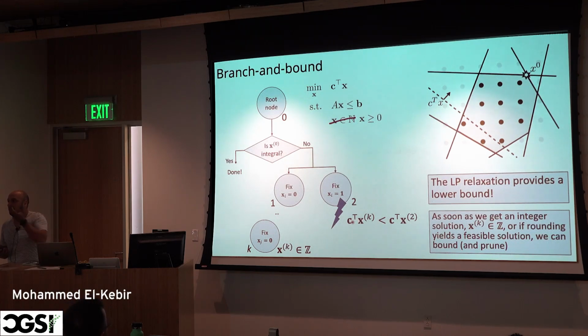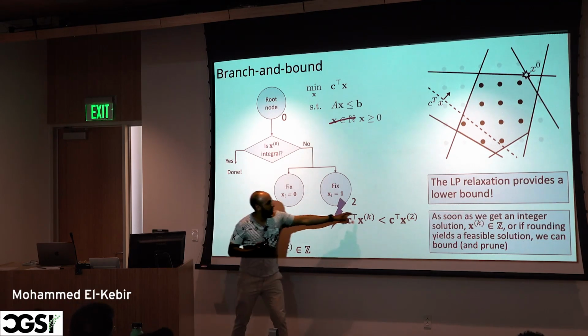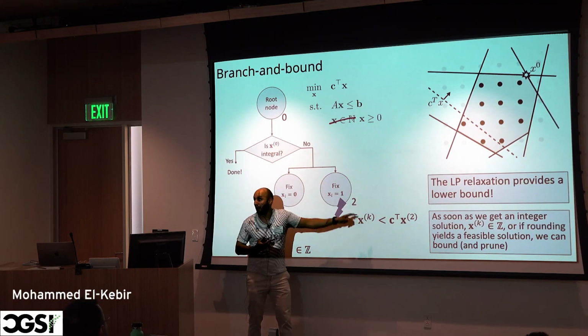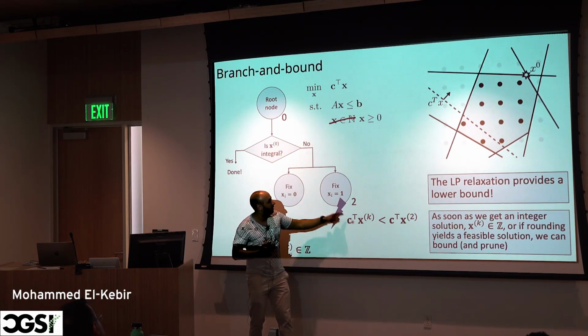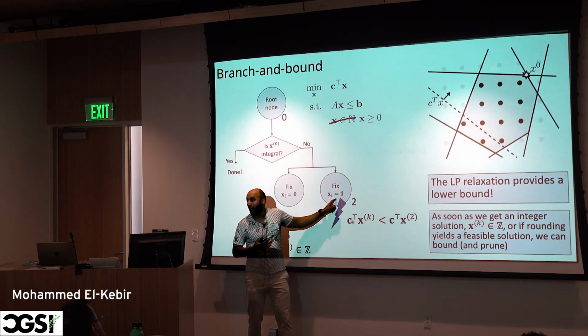So we can evaluate the score of that solution and use it as a bound to prune other parts of the tree. So this is a feasible solution over here. And if the cost of that solution, since we're minimizing, is less than the cost of this solution, and this is not necessarily a feasible solution, so it does not have to meet integrality.